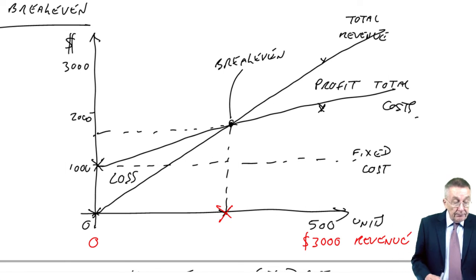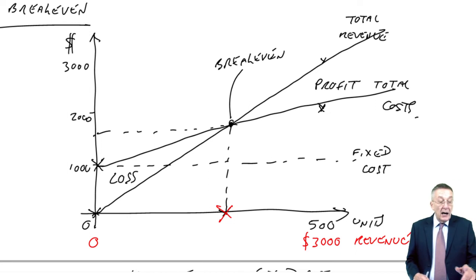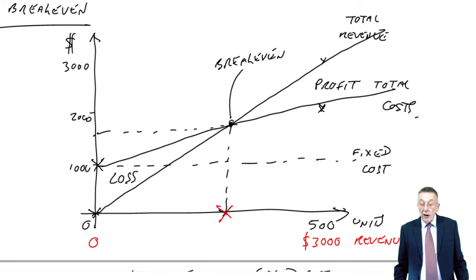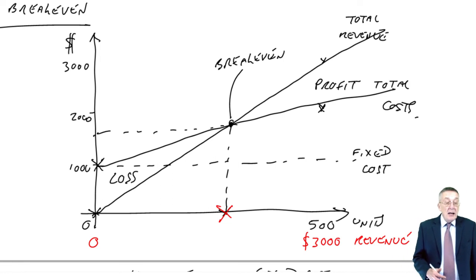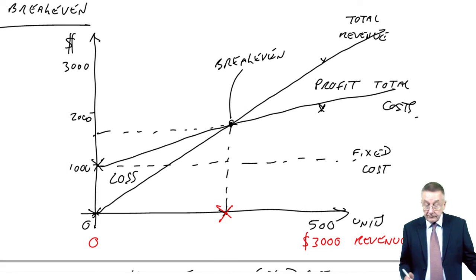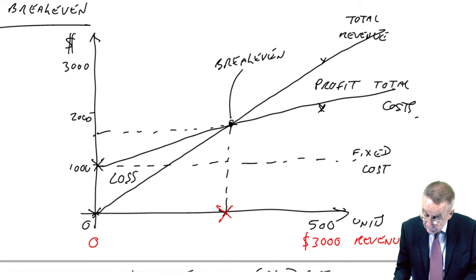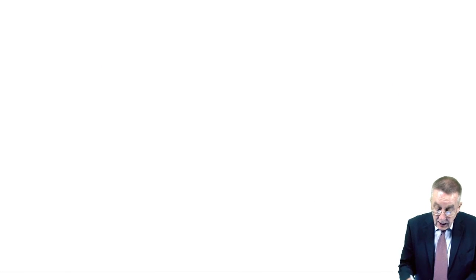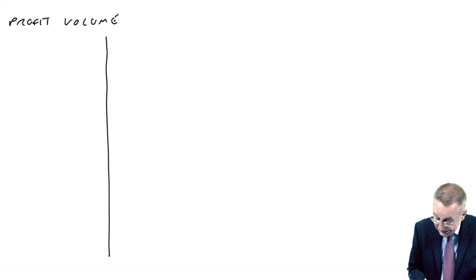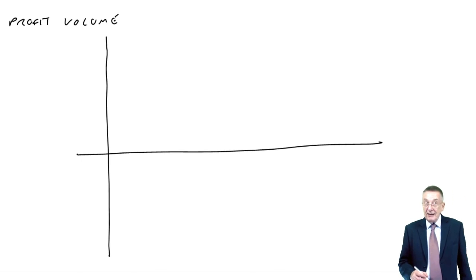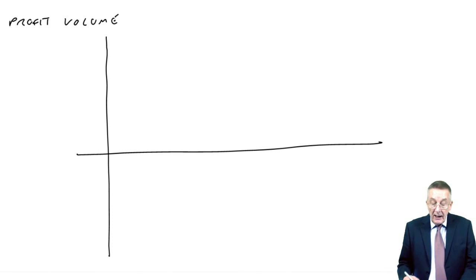All right, finally, the other chart to be aware of is, in fact, a much simpler one. It's over the page. It's the profit volume chart. So profit volume. You can fill it in yourself in the notes.